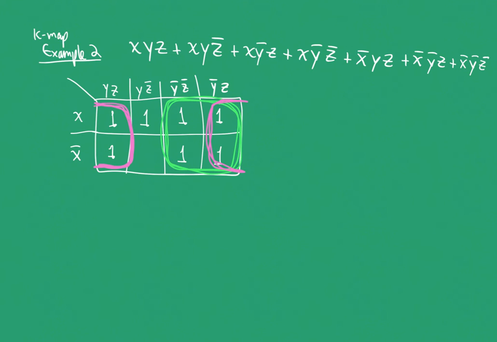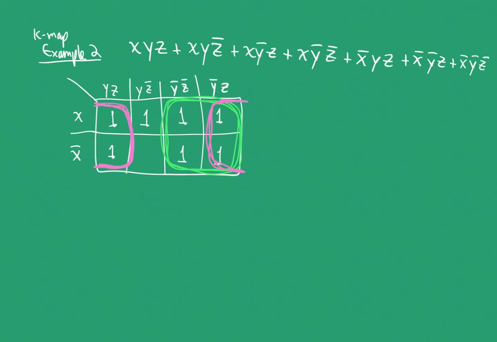And technically I could circle that lonely one like I did in the previous example, but remember, the goal is to get as big a piece as you can to cover this, right? So I could circle these two ones. I could do this 1x2 situation here. I could do this 1x2 situation here. But I want to get the biggest pieces possible.